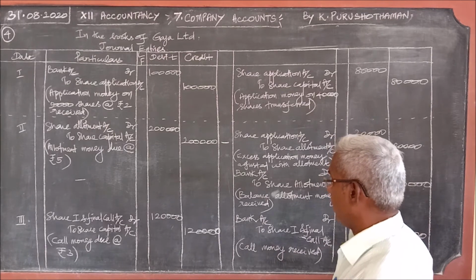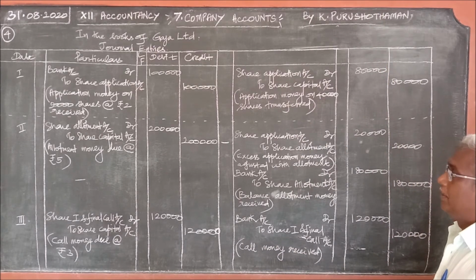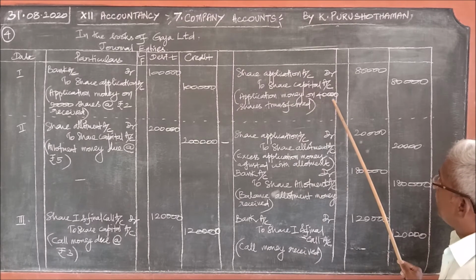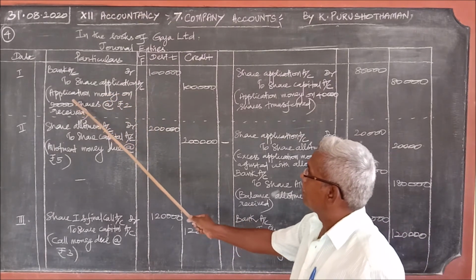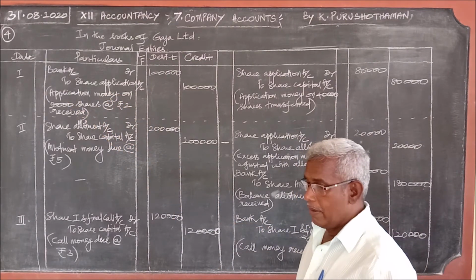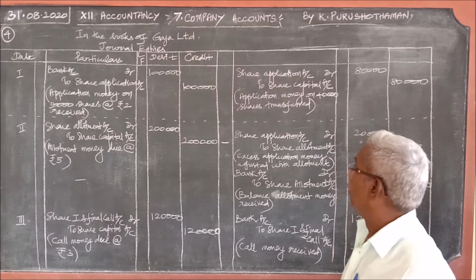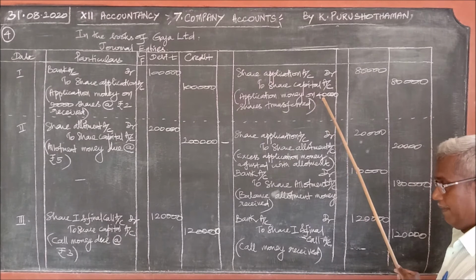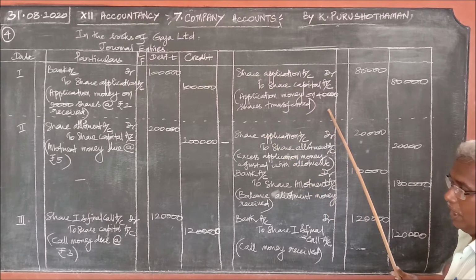That is the first case. What will be the second case? The second case is, as I just explained, pro rata basis. How are shares allotted on pro rata basis? 40,000 shares are available, but applications are received for 50,000 shares. So, when 5 shares are applied for, 4 shares will be allotted. When 10 are applied for, 8 will be allotted.